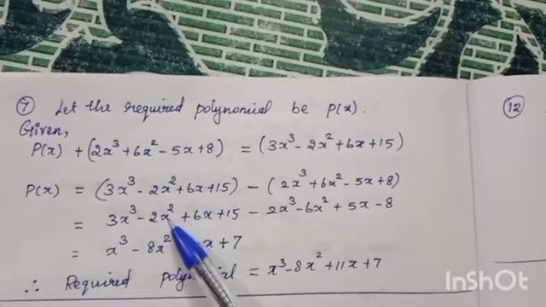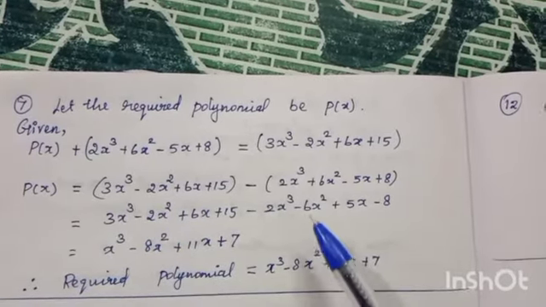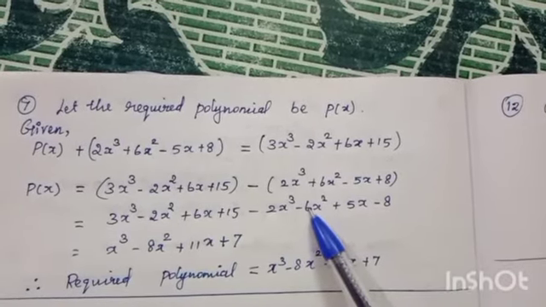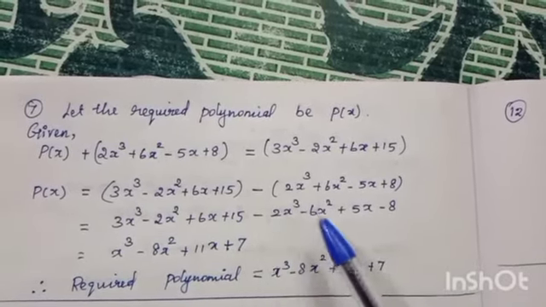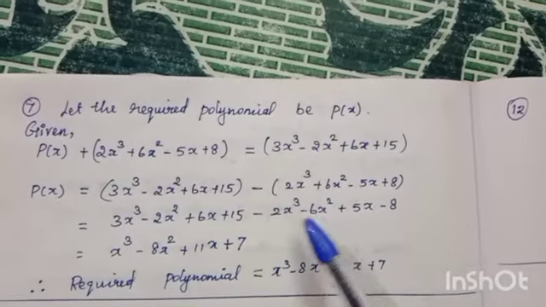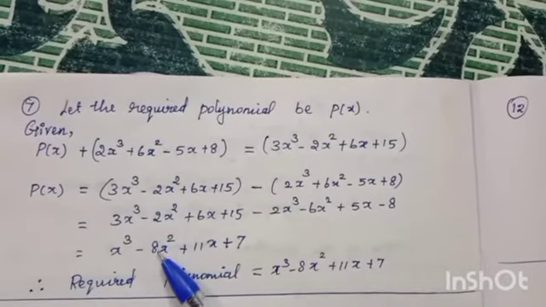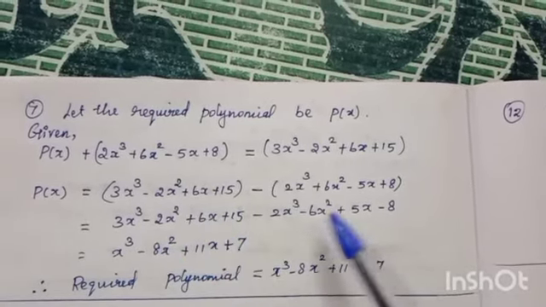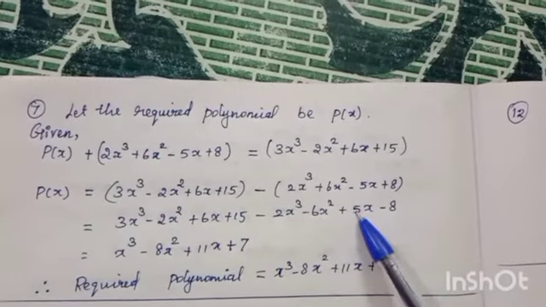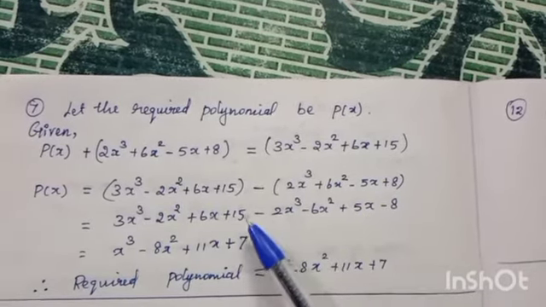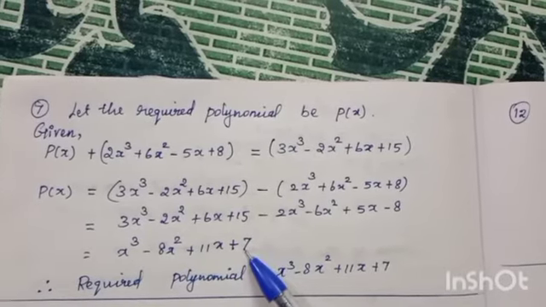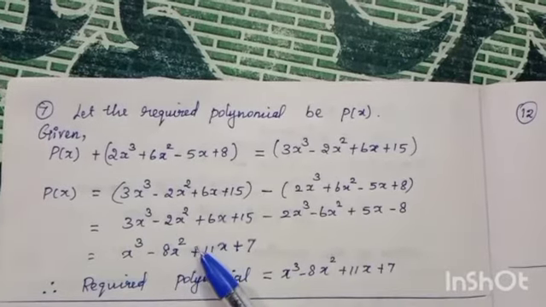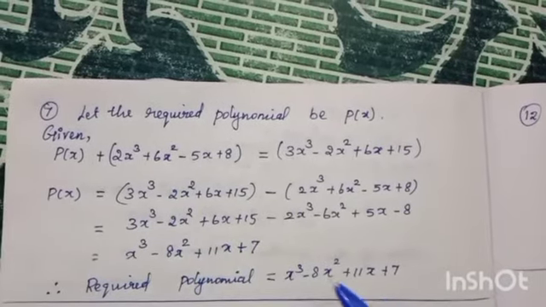Next, the x square terms, minus 2x square minus 6x square, these two have the same sign, so we add: 6 plus 2 is 8, with the same sign, that is minus 8x square. Next, the x terms, 6x plus 5x, 6 plus 5 is 11, 11x. Then 15 minus 8 is equal to 7. So the required polynomial is x cube minus 8x square plus 11x plus 7.